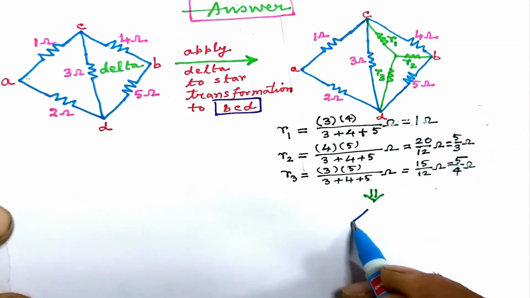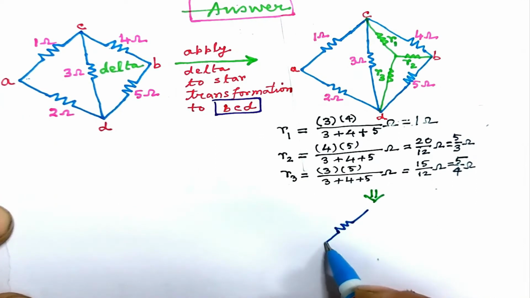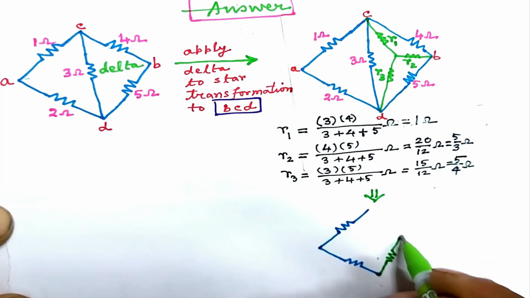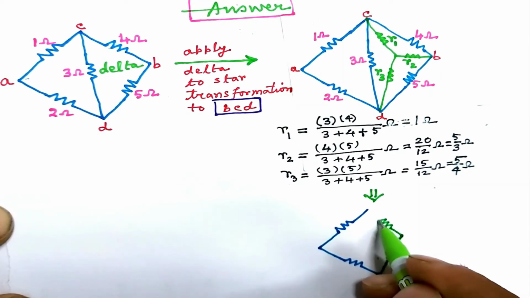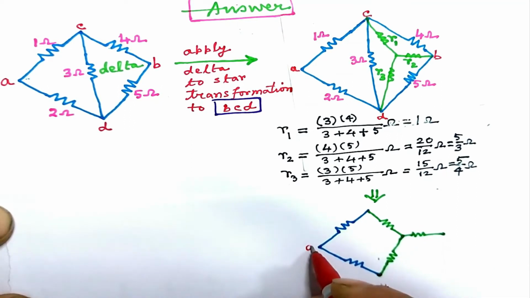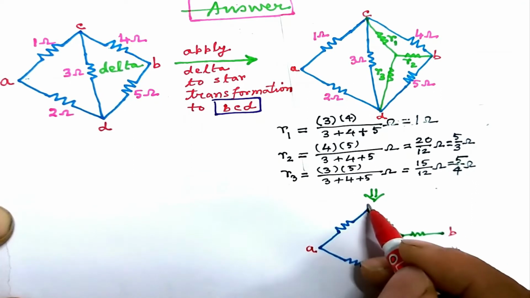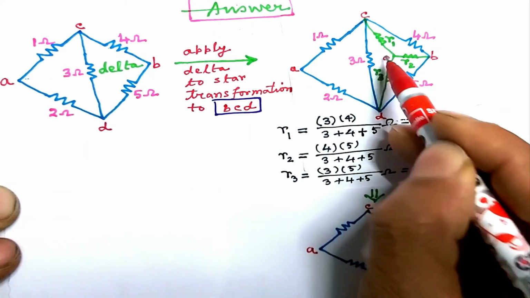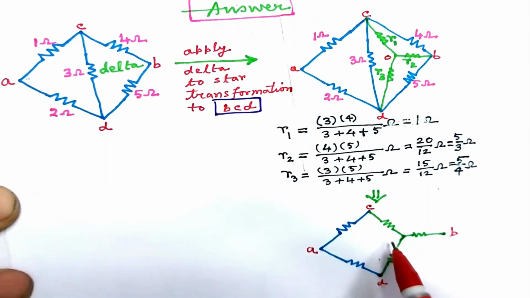Let us redraw the given network with the converted star portion that we obtained by transforming the delta portion. Here it is. Look at the terminal points. We cannot change them, and we haven't. This is A and this is B. Call this point O that we derived through the delta to star transformation, where the star resistances met.